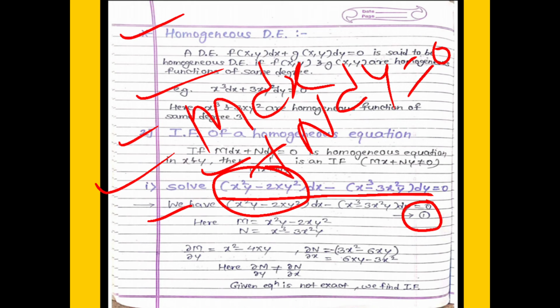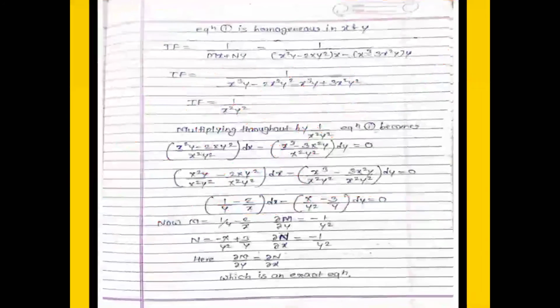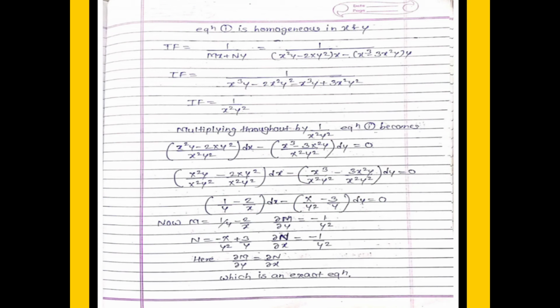Then 2 into x power 1, y power 2. Okay, so the degree is 3. Similarly for dy, x power is 3 minus 3 into x power 2, y power 1, that is 3. So it is a homogeneous differential equation. So we will write: equation 1 is homogeneous in x and y.